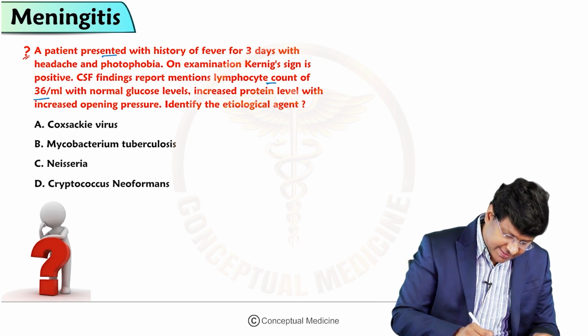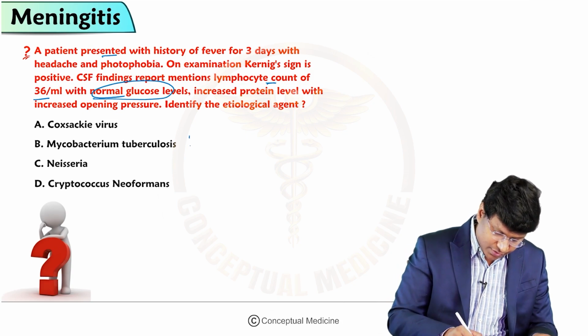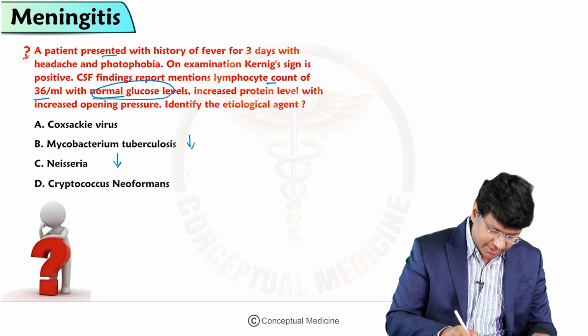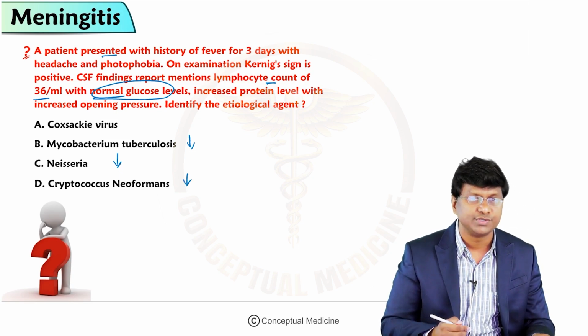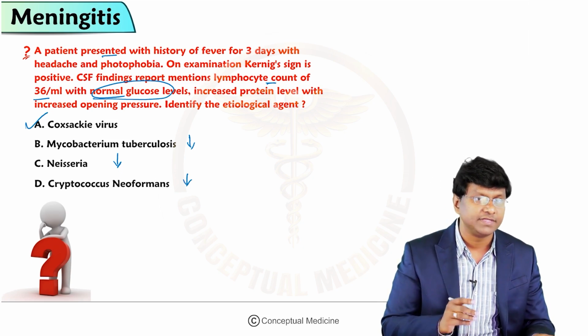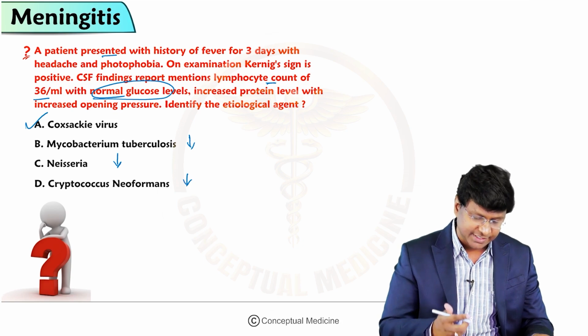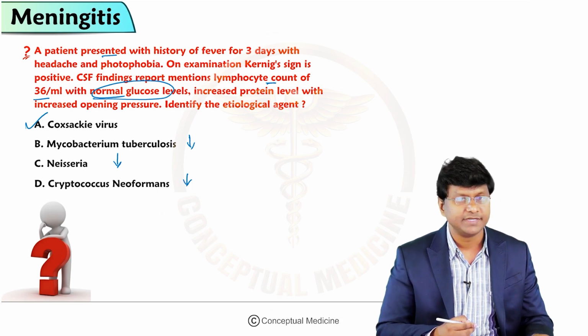See, the individual is having normal glucose, that means glucose is not utilized. In tuberculosis, glucose is utilized. In Neisseria, bacterial meningitis, glucose is utilized. In Cryptococcus, fungal meningitis, the glucose is utilized. So where will the glucose not be utilized? That is in case of viral meningitis. So the answer is the Coxsackie virus, and in viral meningitis you have the lymphocytic predominance as well.